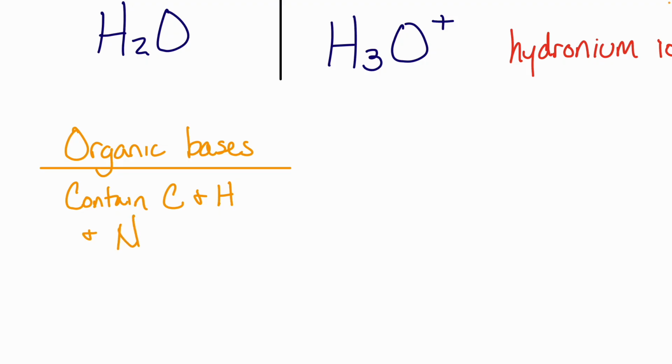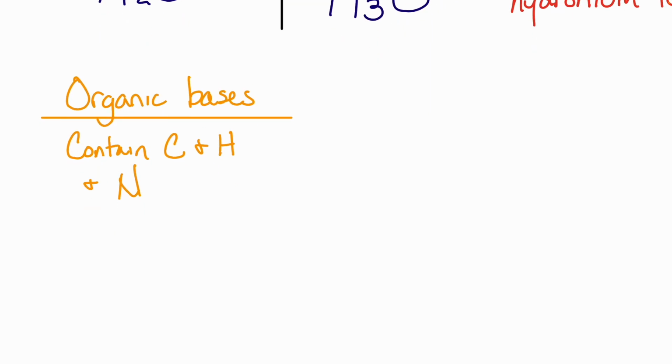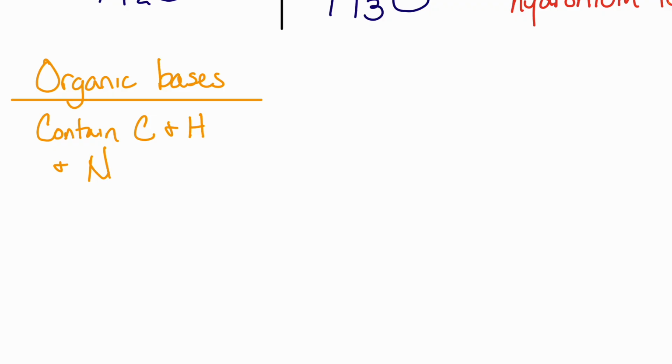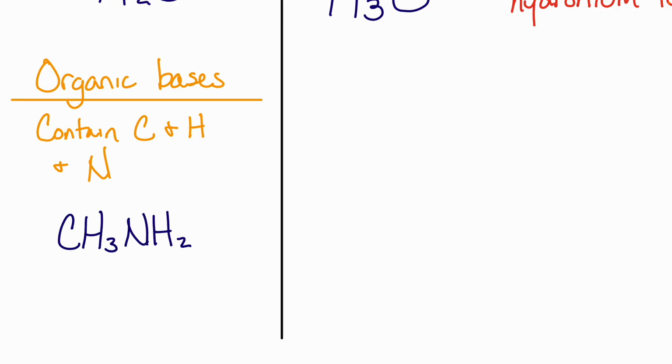And often there's one element that loves to play the role of a proton acceptor, and that's nitrogen. A good example of an organic base is what's called methylamine, CH3NH2.